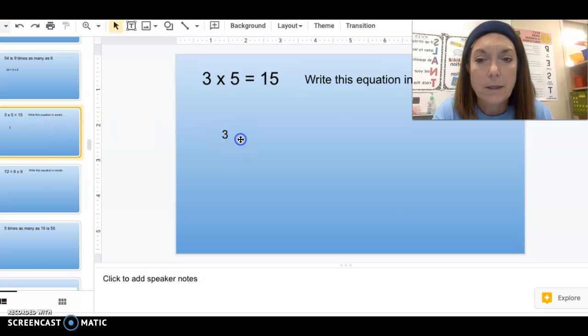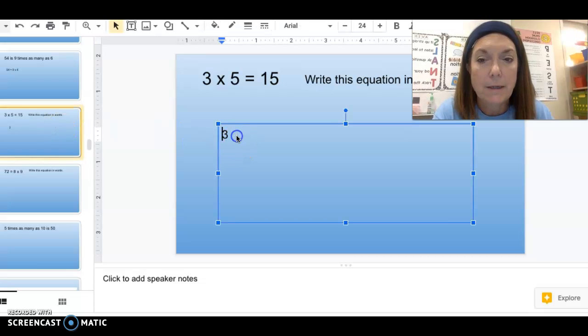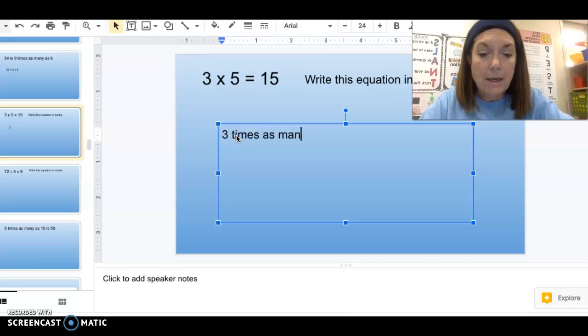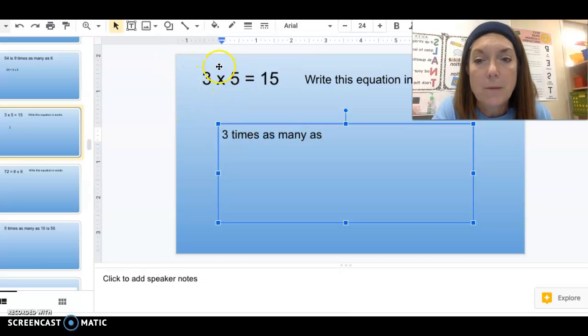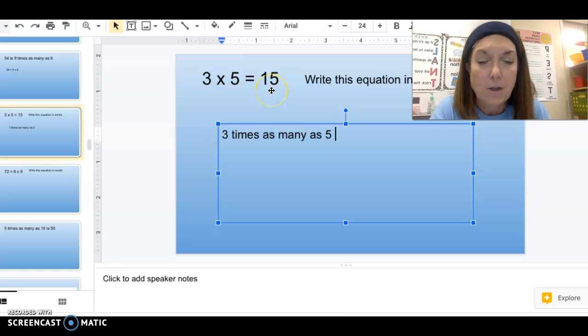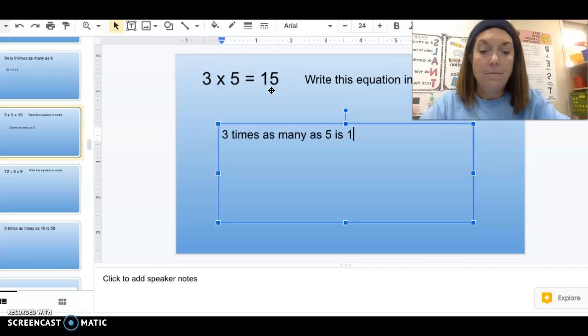So on this one, it's just going to be the times sign again. 3 times as many as 5. I so badly just want to put the equals, but they asked me to put the word, so it's is 15.